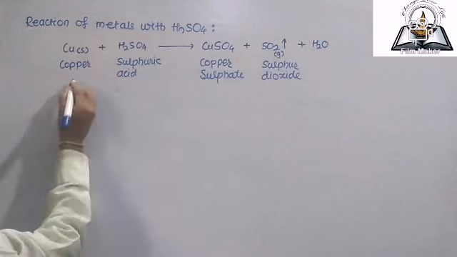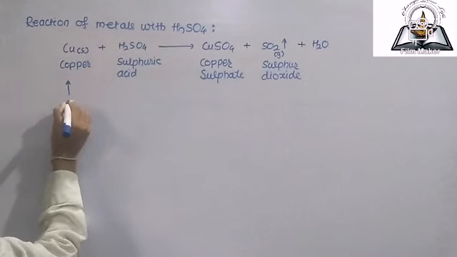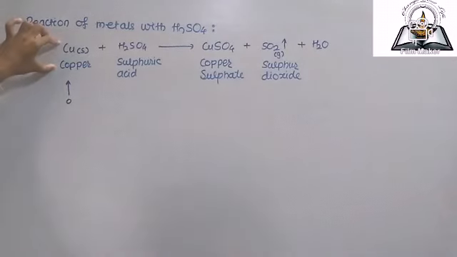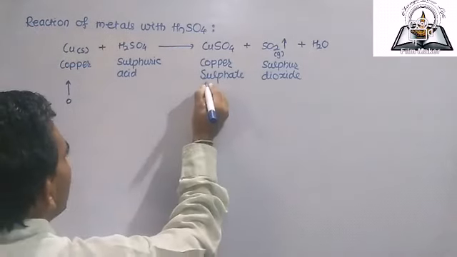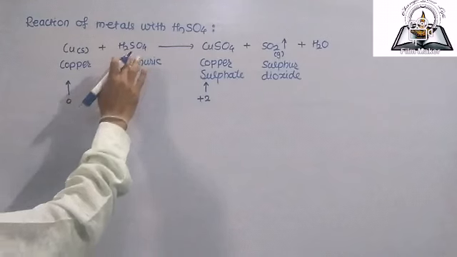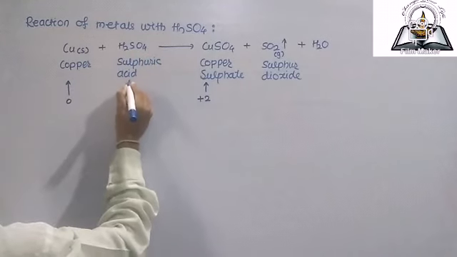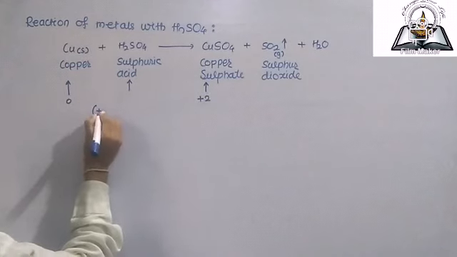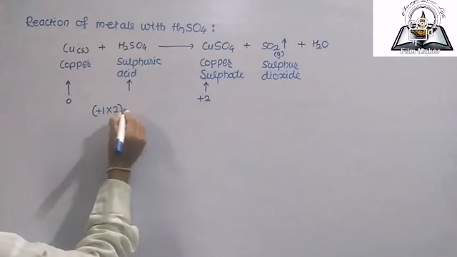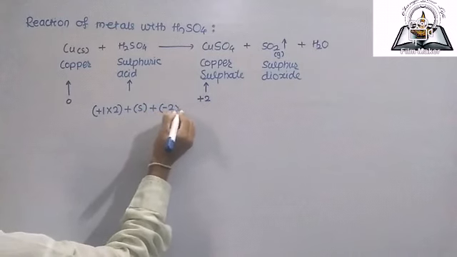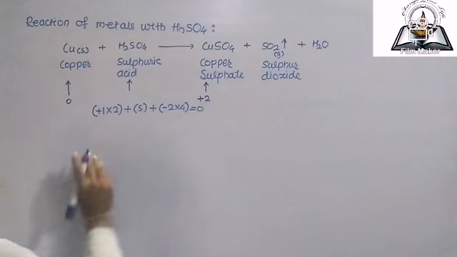How? देखो यहाँ पे कॉपर की जो ऑक्सीडेशन स्टेट है वो वहाँ पे 0 है according to redox reactions या फिर ऑक्सीडेशन मेथड. सो यहाँ पे कॉपर की ऑक्सीडेशन स्टेट 0 है और यहाँ पे +2 हो गई. तो यहाँ पे कॉपर का ऑक्सीडेशन हो गया और सल्फर की अगर हम ऑक्सीडेशन स्टेट देखते हैं तो कितनी आ जाएगी, हाइड्रोजन यानी कि 1 पॉजिटिव multiplied by 2 plus oxidation state of sulfur, ये निकालनी है, plus -2 oxidation state of oxygen, total है 4 multiplied, equal to 0.